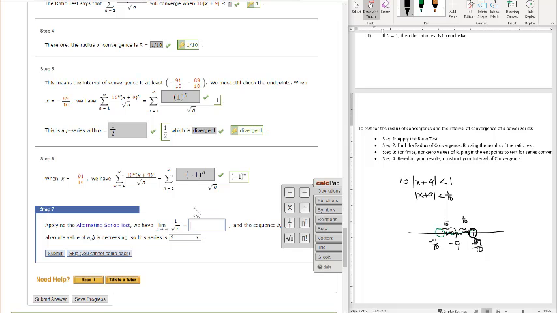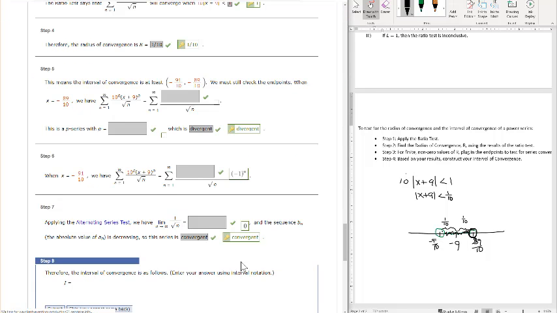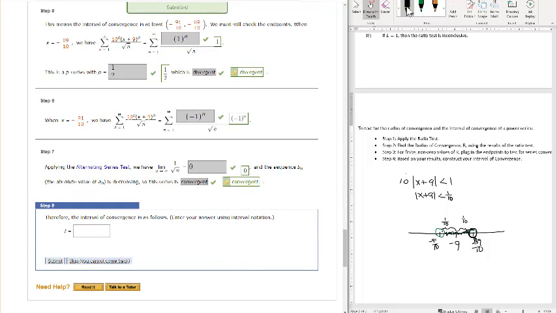If it's an alternating series, we want to make sure that the limit goes to 0 and the sequence is decreasing. This is in fact decreasing because as n gets larger, the 1 over square root of n gets smaller. So this satisfies the alternating series test, and we're going to say that this is convergent. Now that we know it's convergent, we can fill in this circle.